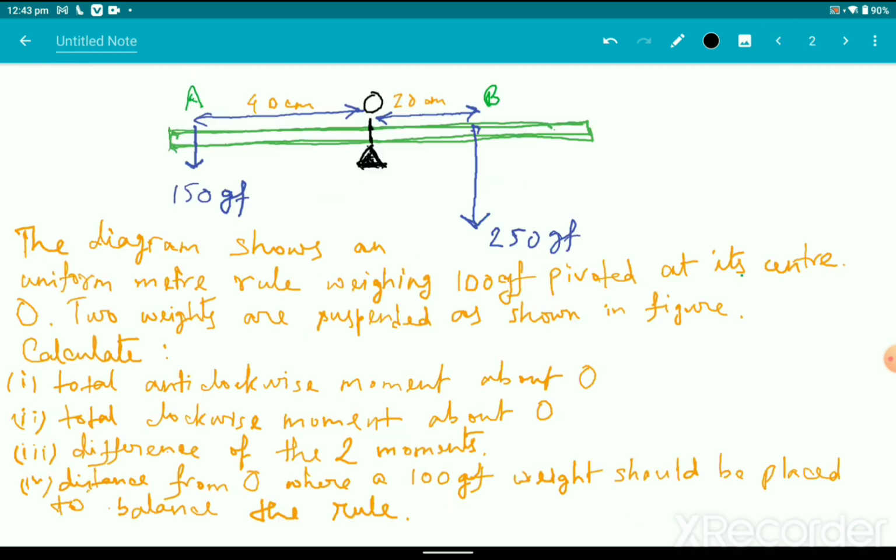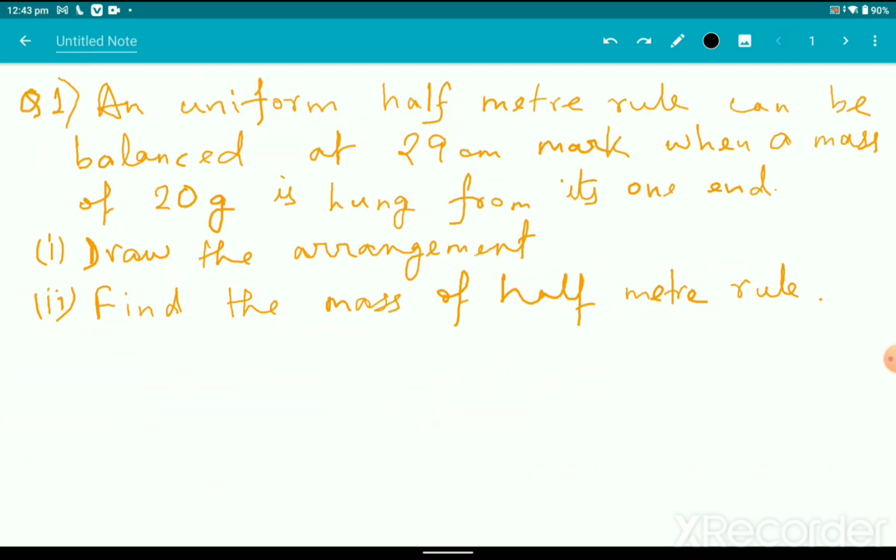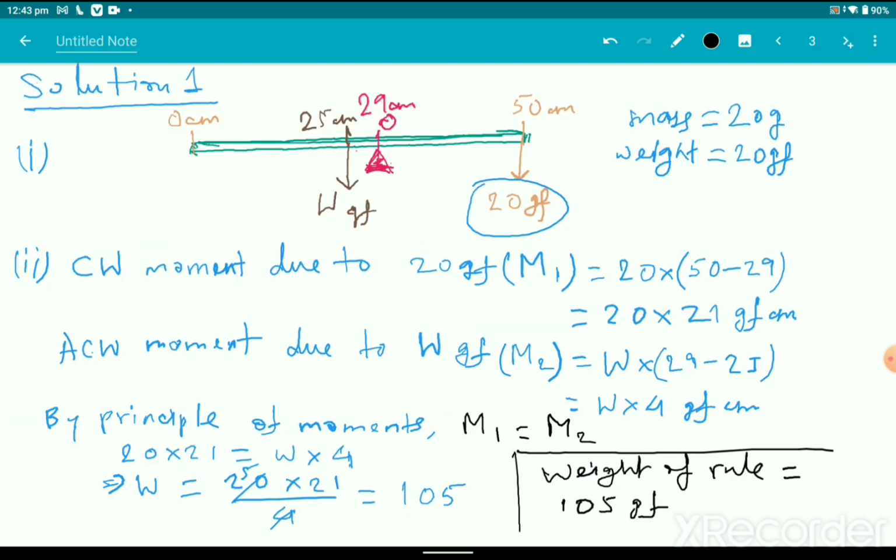In the question it was asked to find the mass of the rule. So if I consider mass, it will be only 105 gram, just taking the numerical value. Mass will be equal to 105 gram. Okay, so this is the solution.